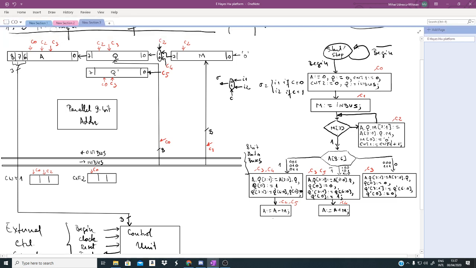Okay. Here, it's a multiplexer, right? With 9-bit signals. Like this.